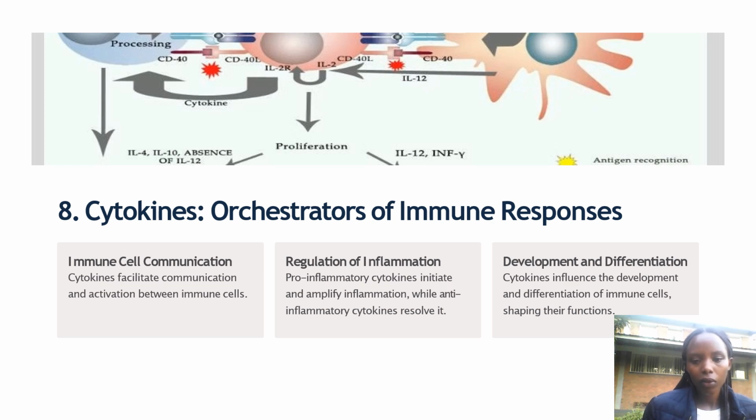For regulation of inflammation, pro-inflammatory cytokines initiate and amplify inflammation, while anti-inflammatory cytokines dissolve it. And we have development and differentiation. These cytokines influence the development and differentiation of immune cells, shaping their functions.